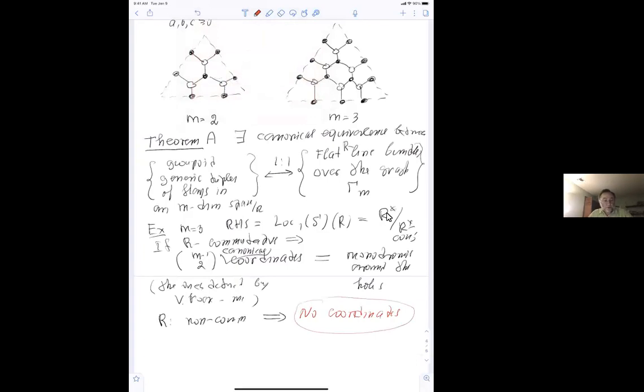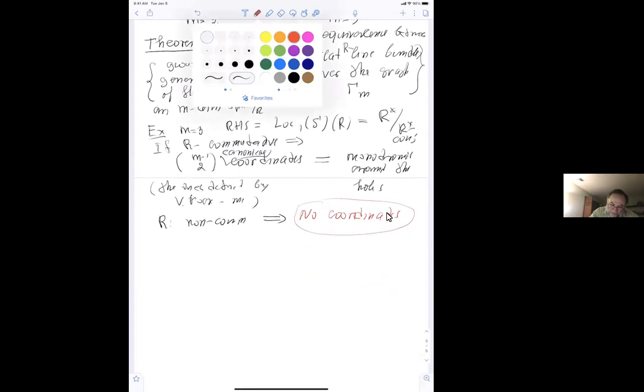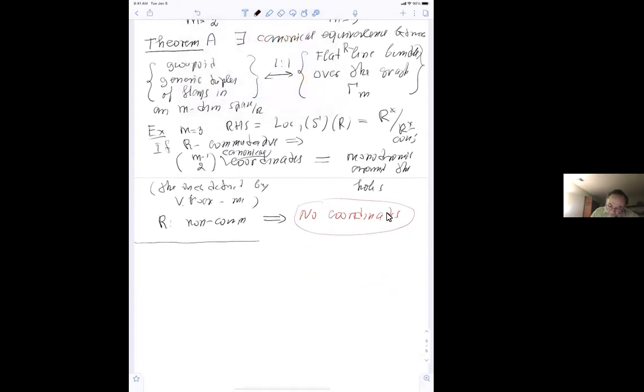Okay, so now let me prove this theorem. The theorem is non-trivial, but the proof is easy. It's so easy that I can present it completely. So let me do it.